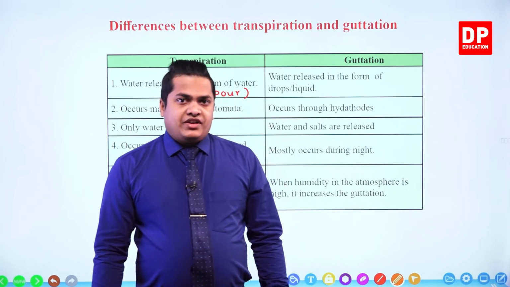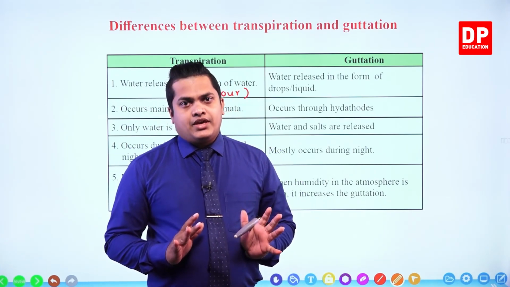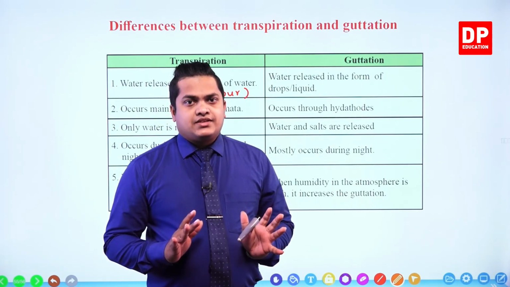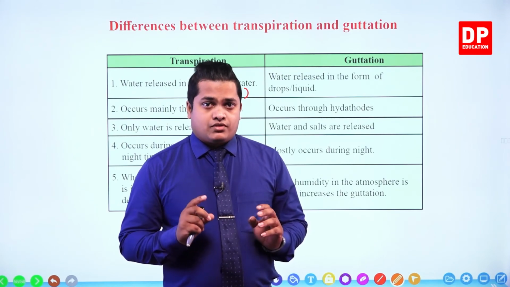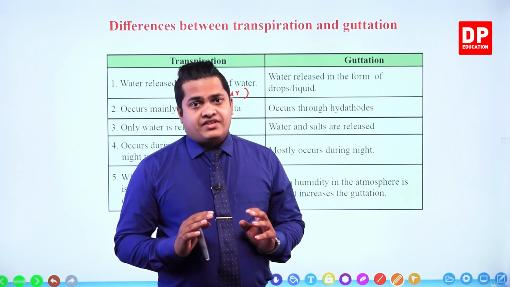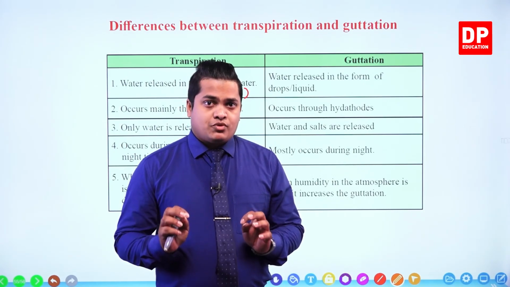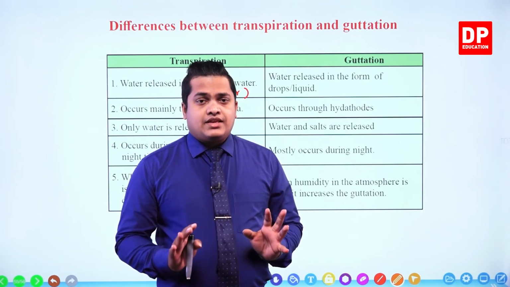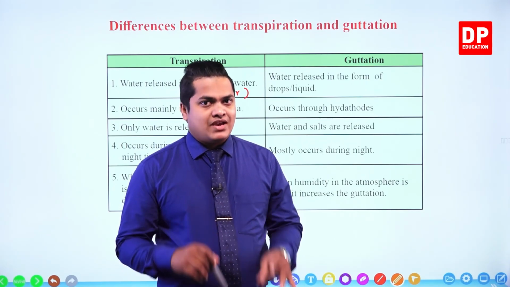So my dear children, we discussed several biological processes related to this lesson. First of all, we discussed photosynthesis. Then after that, we discussed how the photosynthetic substances and other substances are getting transported in a plant. Under that, we discussed three main processes: diffusion, osmosis, and mass flow.